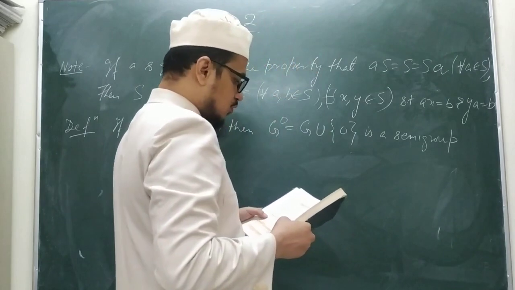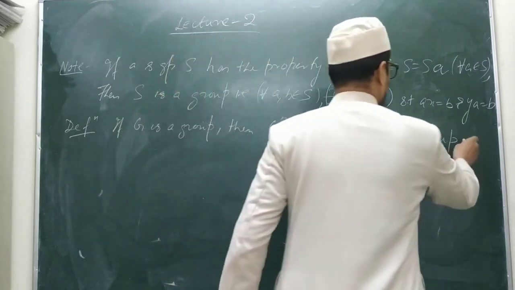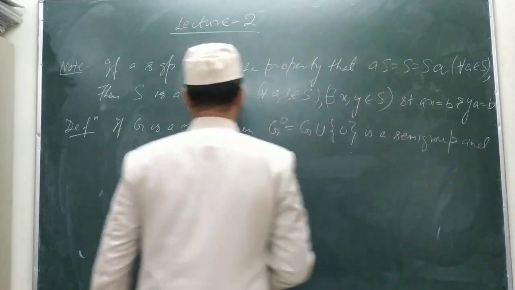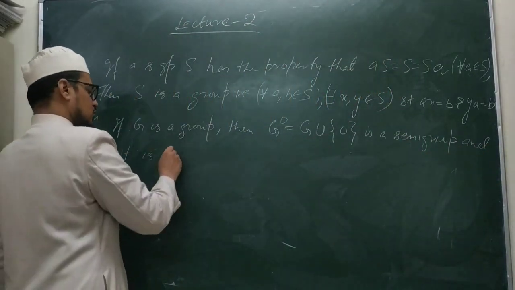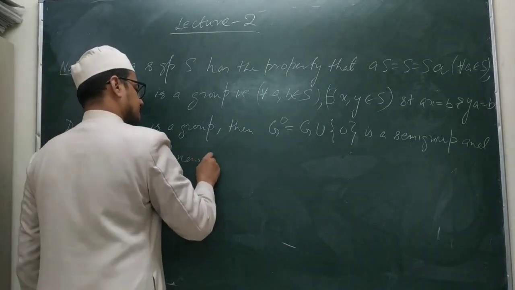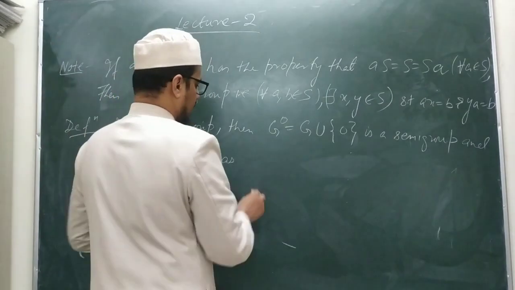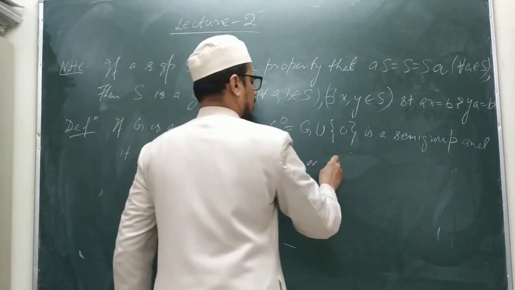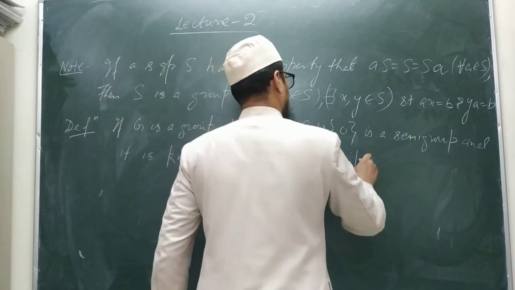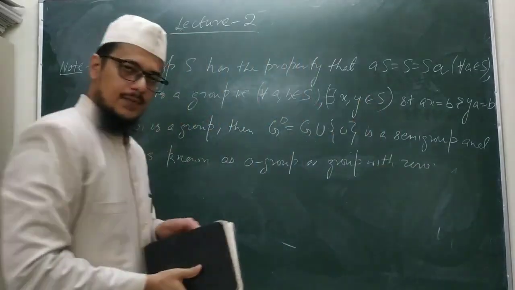And such a semigroup is called a zero group or group with 0. Correct?